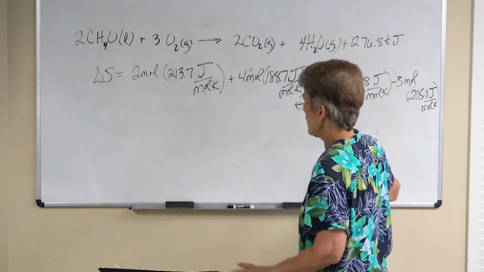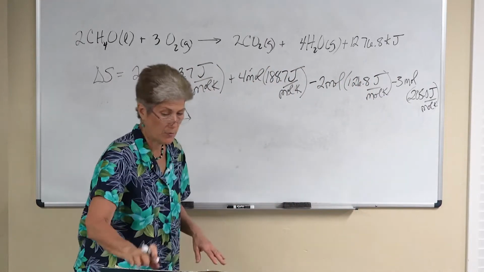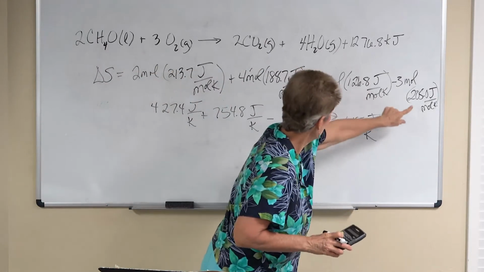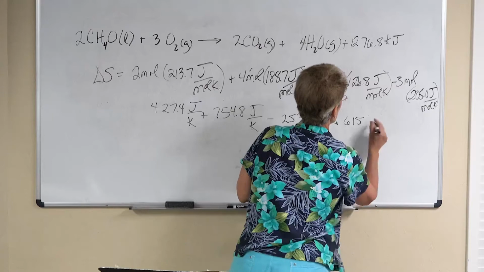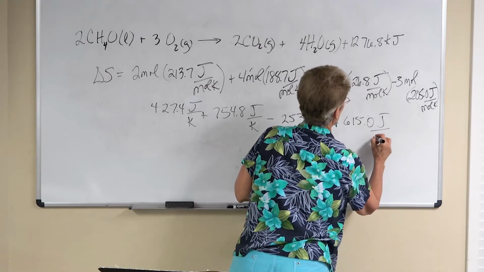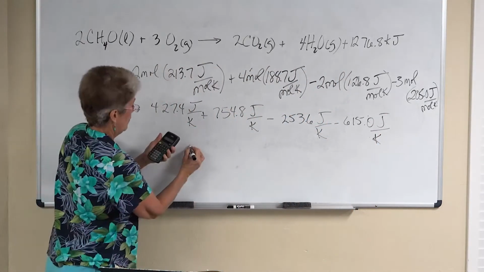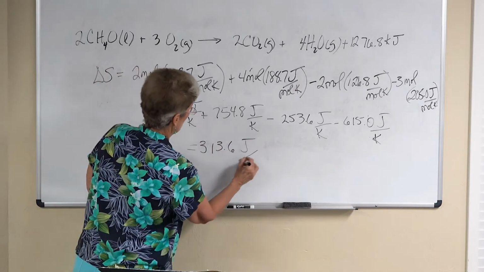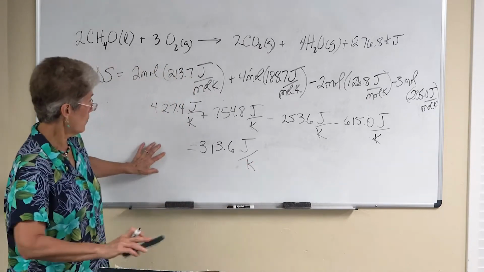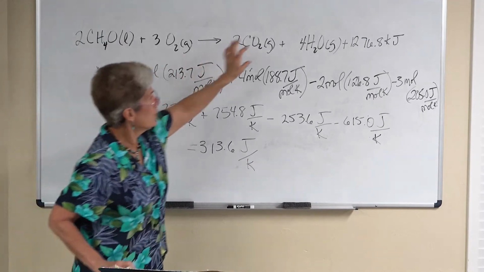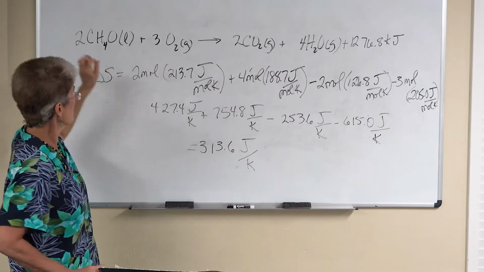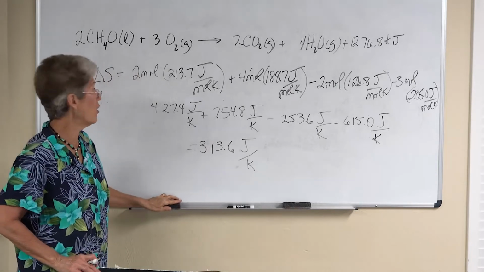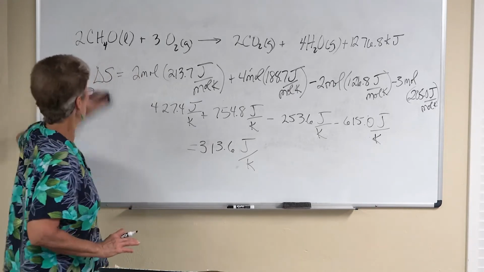Yes, it is. Okay, so there we've got all of our numbers. This goes to the tenths place, so this one should go to the tenths place also. There we go. And my answer is 313.6 joules per Kelvin. So it's just the summation of the entropies of the products minus the summation of the entropies of the reactants. Notice your answer is in joules per Kelvin because you didn't have anything to cancel that out.